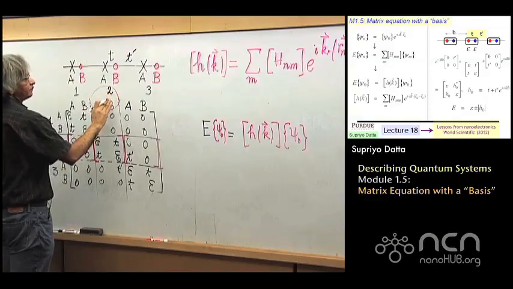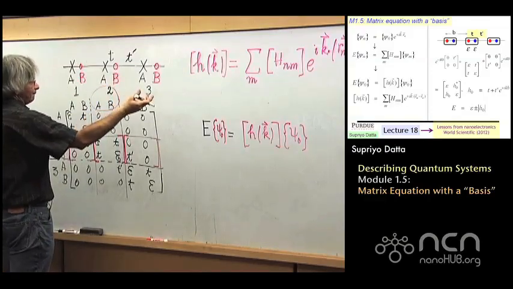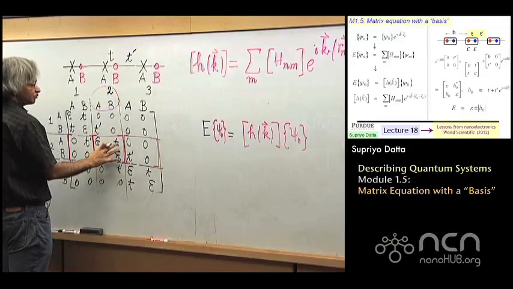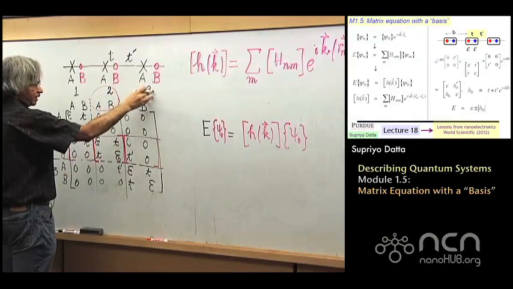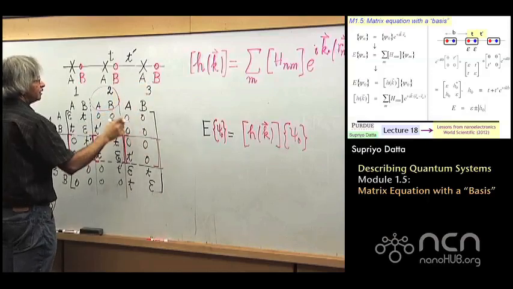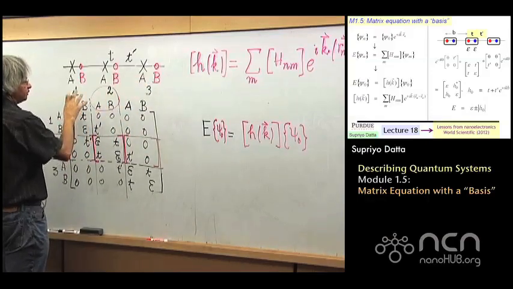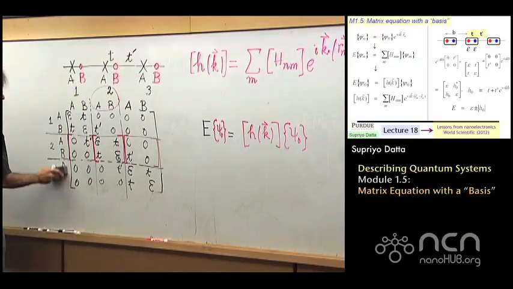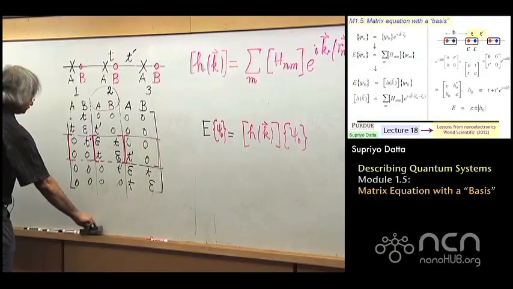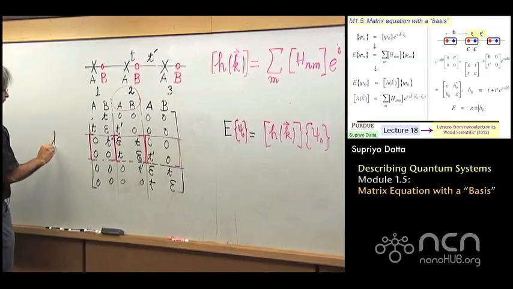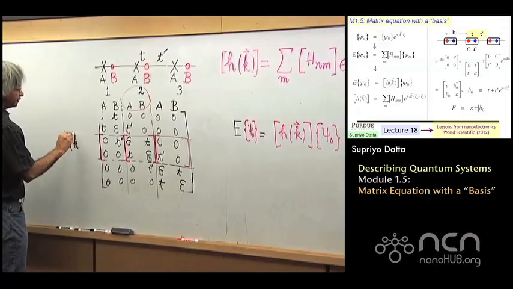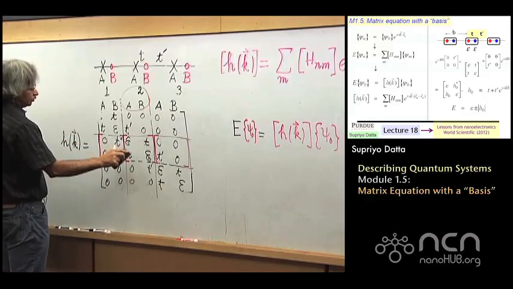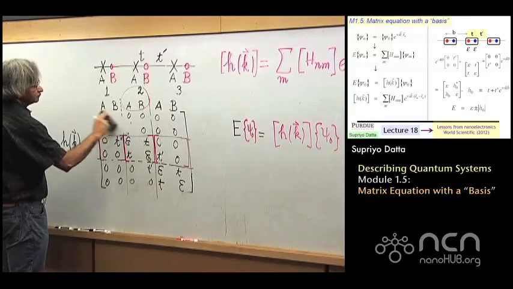And then we have to sum over m, and so m could be 2, in which case h_nm would be this quantity, or m could be 3, in which case it would be that quantity. m could be 1, in which case it would be this quantity. So basically then, when I try to write h of k here, it will be a sum of those three matrices.